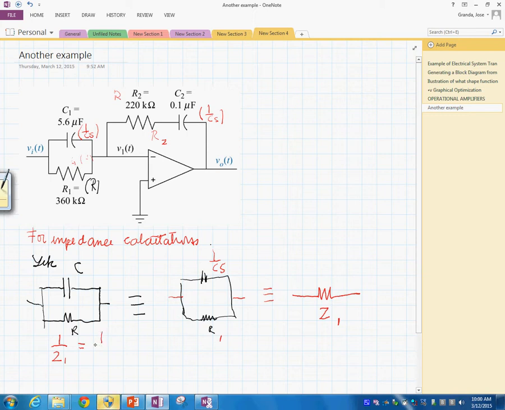1 over the impedance first, 1 over CS, plus 1 over R. The other one was plus 1 over R1, right? Like that. So from this equation you can deduce, can you find out what the value of Z is?